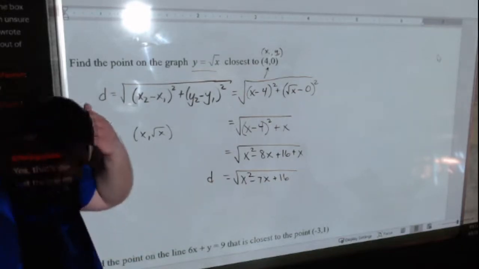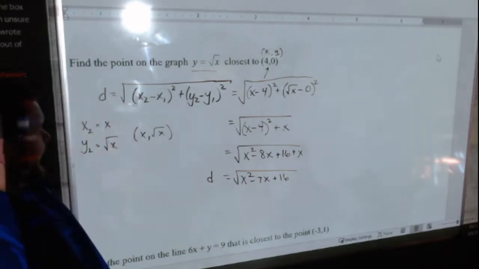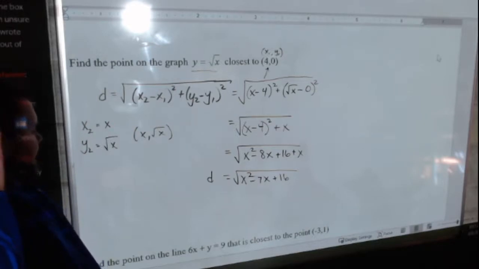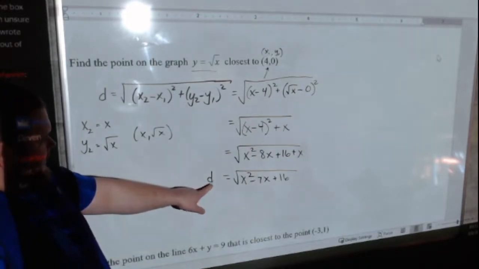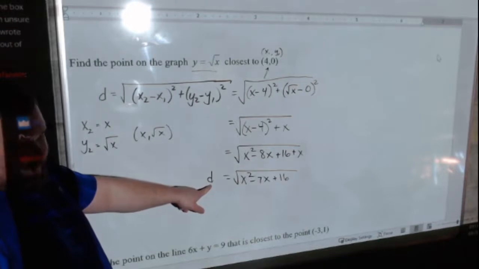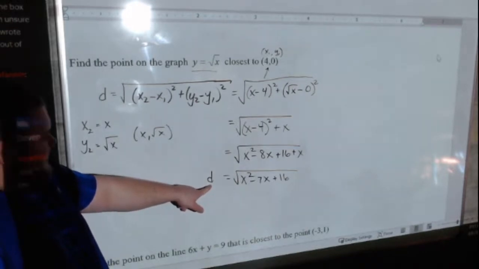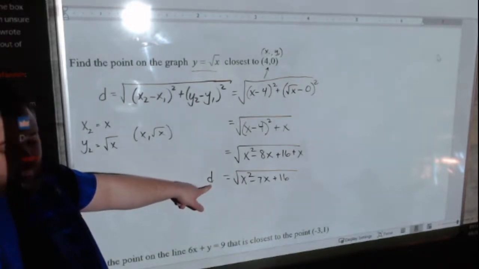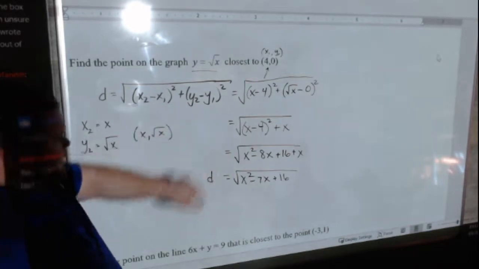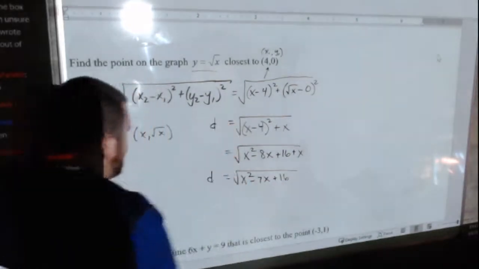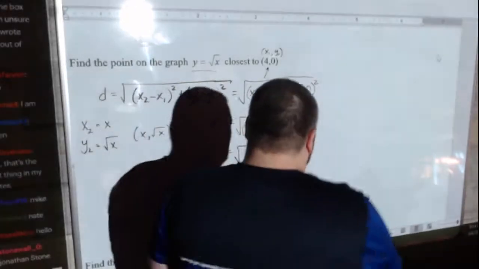Now, what I would like to tell you is that effectively it's the same to maximize or minimize the distance as it is to optimize the distance squared. So actually, I think I'm going to go back to this form, and I'm going to square the whole thing.